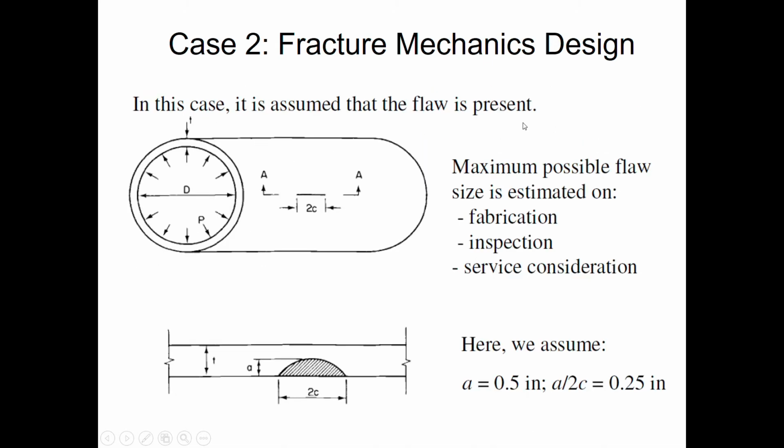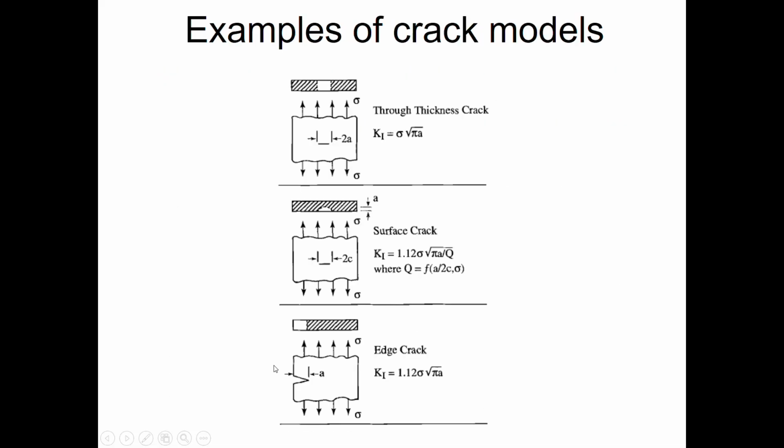Okay, let's see. In this example, we have the crack as 2C. So the maximum possible flaw size is estimated on the fabrication, inspection, and service consideration. Let's say we expect that the crack is a surface crack in this case, like this one.